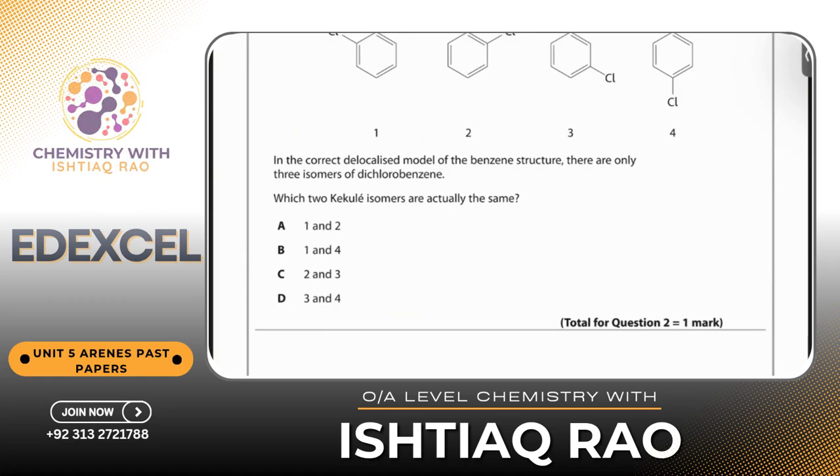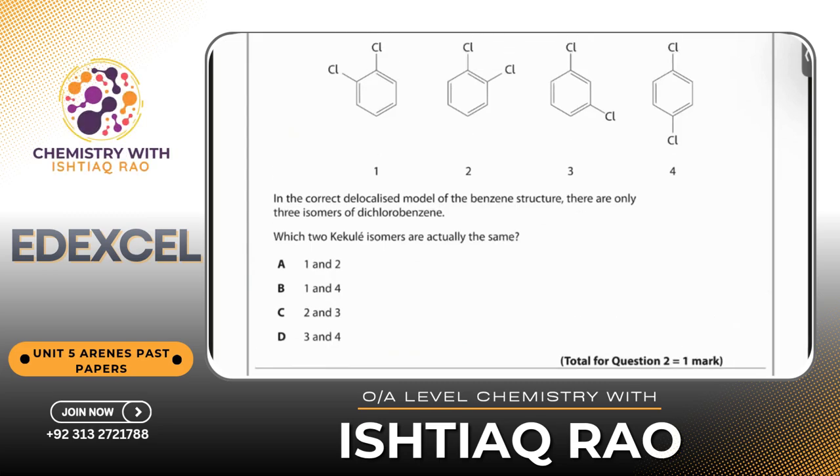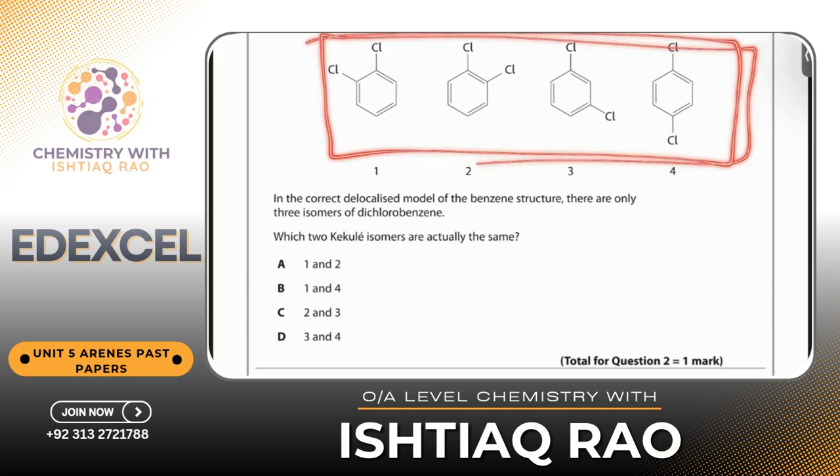Which 2 Kekule isomers are actually the same? You have 4 structures, and out of the 4, you have to see which 2 structures are the same.